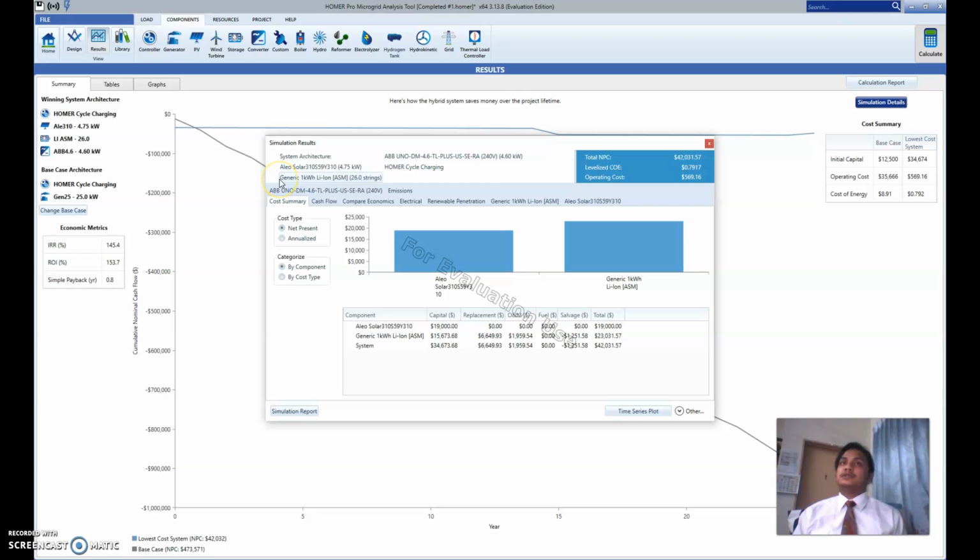In our simulation details, in the cost summary, we can see that the lithium ion has the highest cost compared to the Aleo solar PV panel.